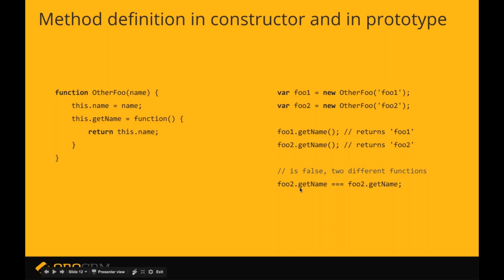Once we check whether foo1 getName is equal to foo2 getName, we will get false, because each of these instances has its own getName method. Despite the implementation of that method being absolutely the same, we will consume a bigger amount of memory because we have created two methods.